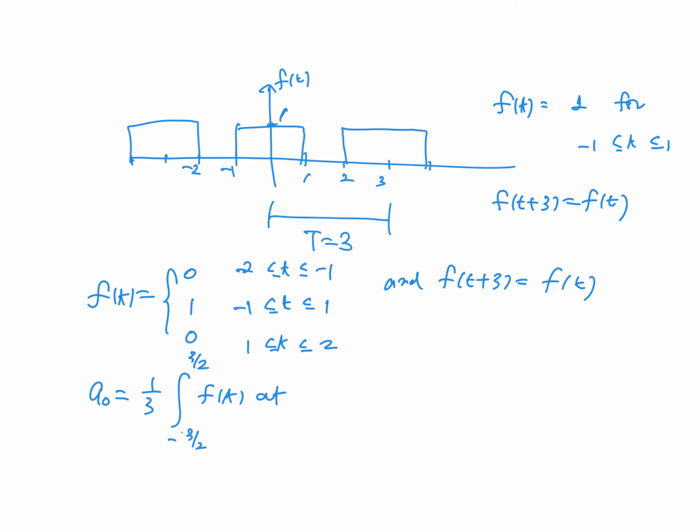But we have to be careful because f is 0 between minus 2 and minus 1. So this integral is actually only from minus 1 to 1 of dt, right? It's 2 over 3.